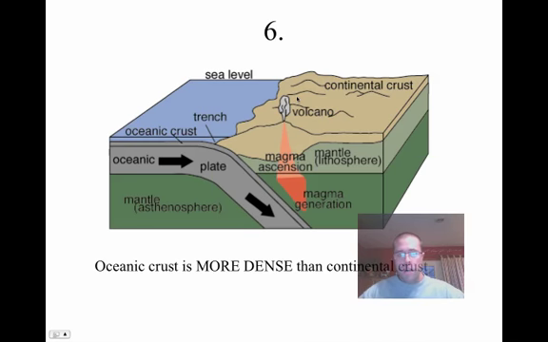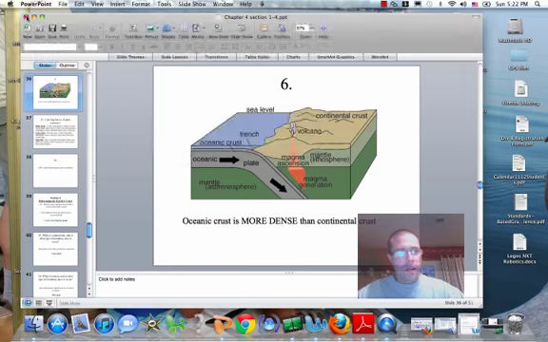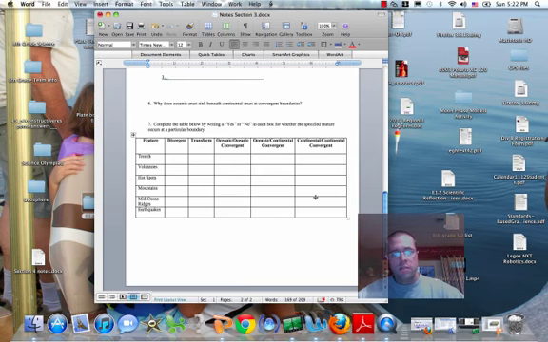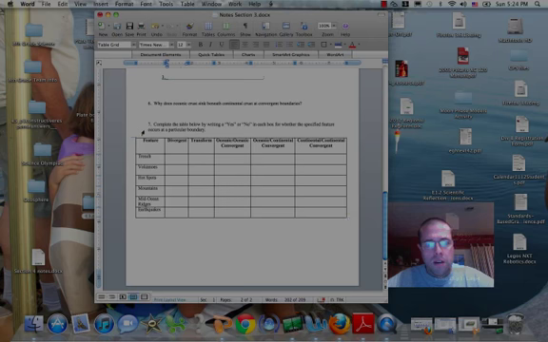Okay. Right now, I'm going to leave the PowerPoint, and we are going to take a peek at the notes so that I can fill in our chart here. Okay, so as we look at number 7 here, it says complete the table by writing a yes or no in each box for whether the specified feature occurs at a particular boundary.